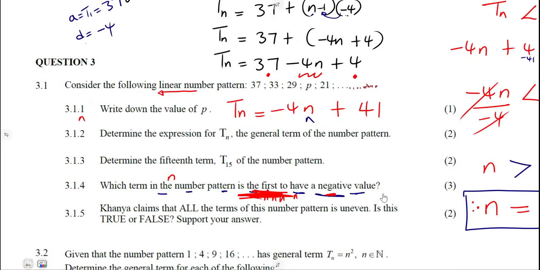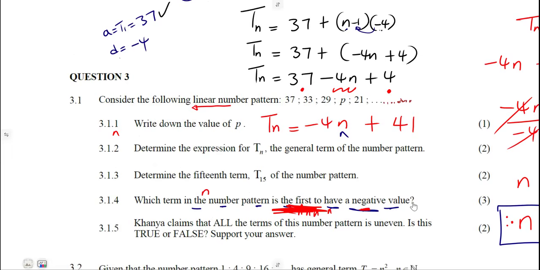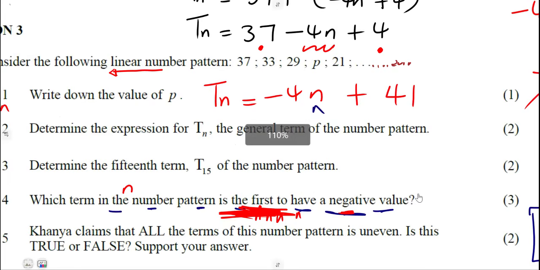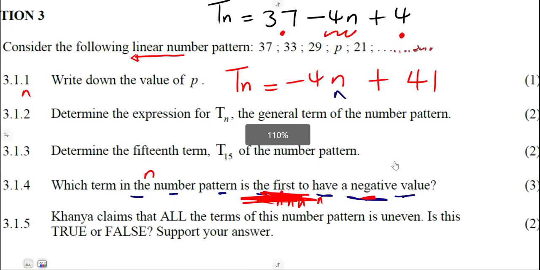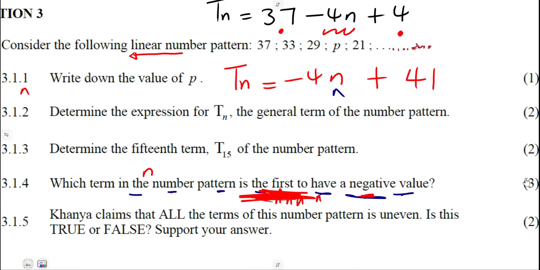Then they gave us a statement here. Let's figure out what they are saying here, for 2 marks. 2.15: they said Kanya claims all the terms of this pattern are uneven.